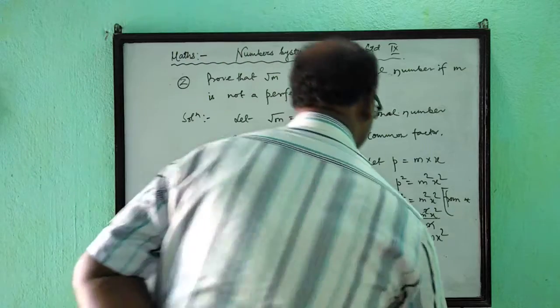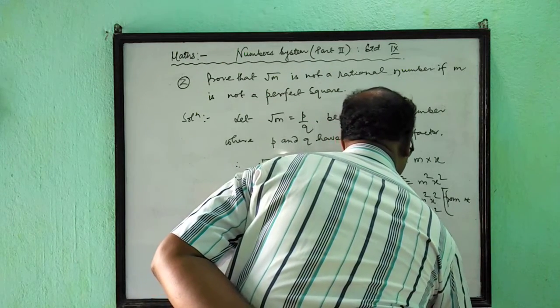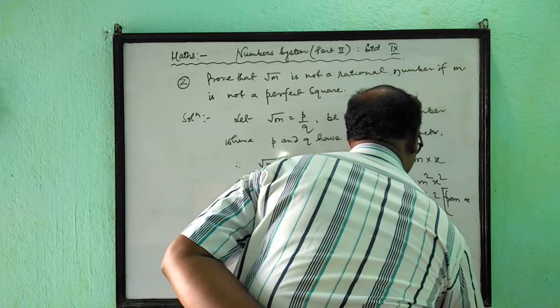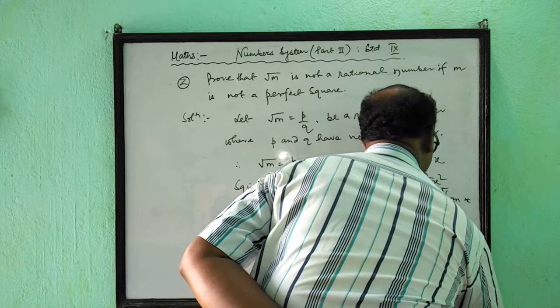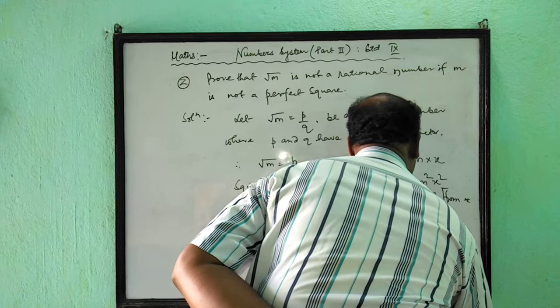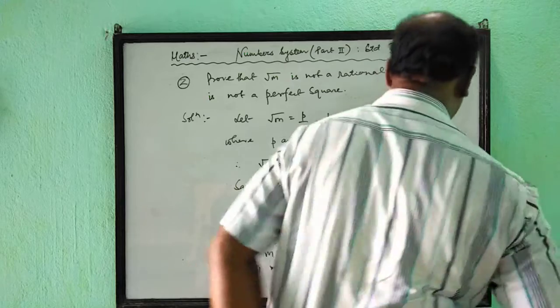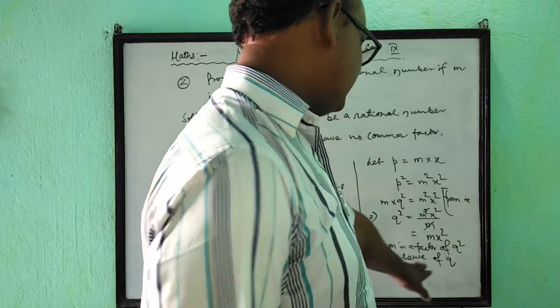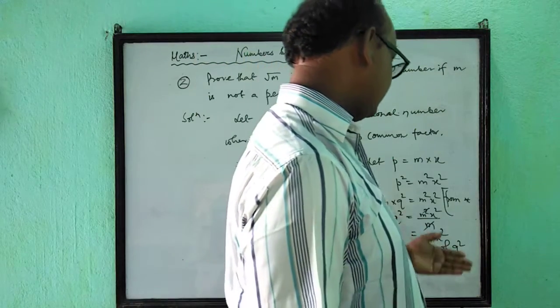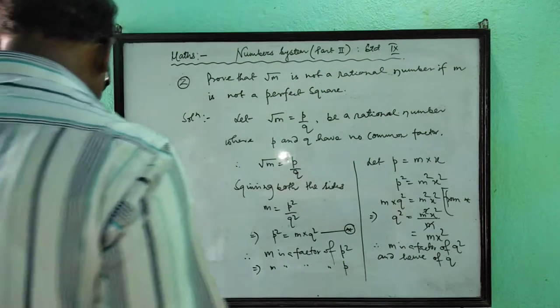That is, m is a factor of q square and hence of q. Since m is a factor of q square, m is also a factor of q.